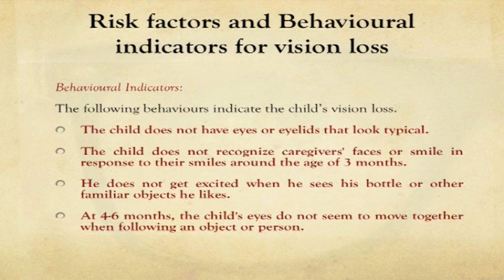At 4 to 6 months, the child's eyes do not seem to move together when following an object or person. The child may turn or tilt his or her head in unusual positions when looking at an object. The child may hold an object very close to his eyes. The child may overreach or underreach for objects. Accurate reaching usually occurs around 6 months.